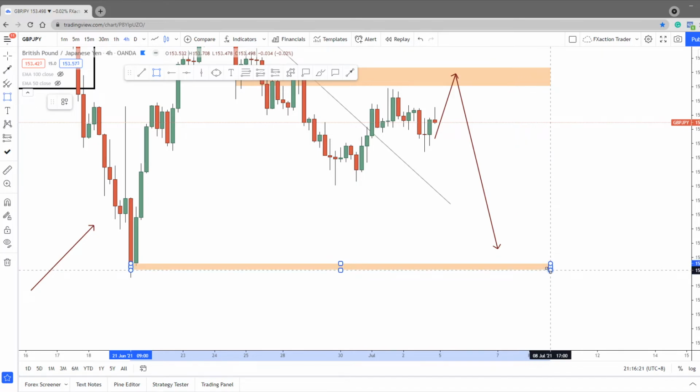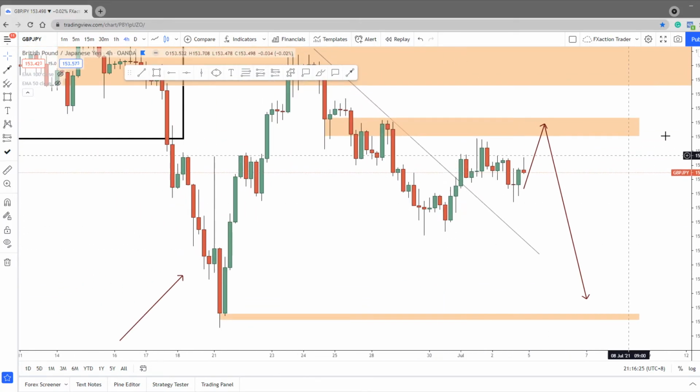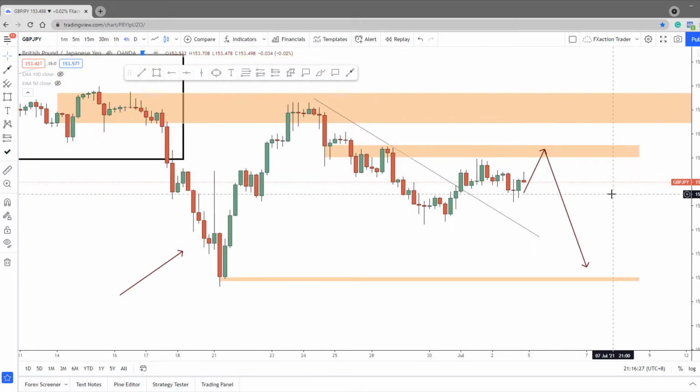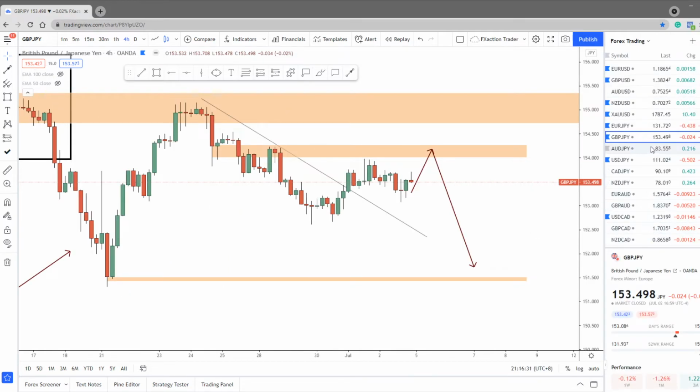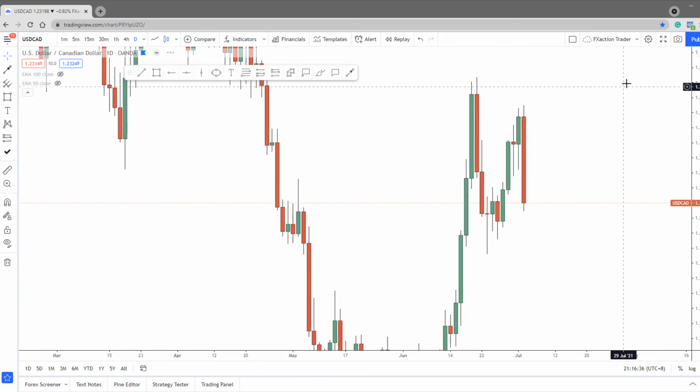Overall, there are about 270 pips of movement that we have a very high potential to scale down into. So let us have a look at the last pair for today, the dollar Canadian, USDCAD.